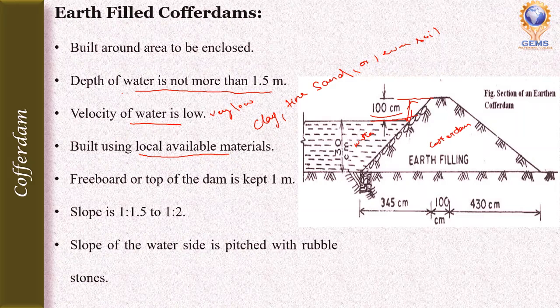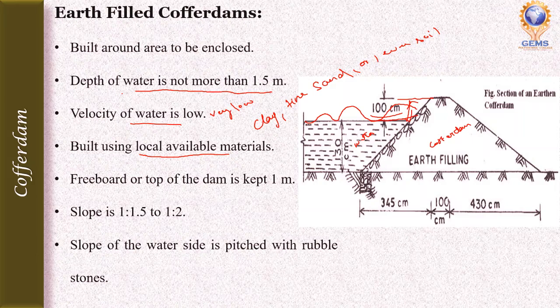The freeboard of the dam, or the top of the dam, is kept 1 meter so that the water does not enter the other side even when the wave rises. If waves are forming here, then water should not enter the other side. That is why we are keeping 1 meter as the freeboard.